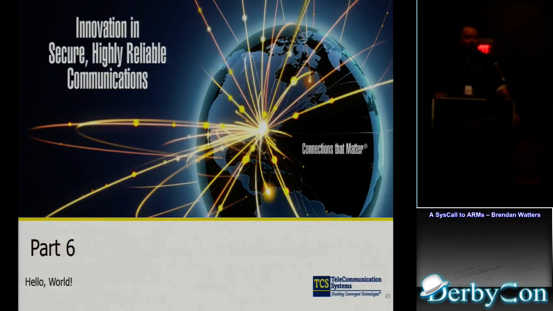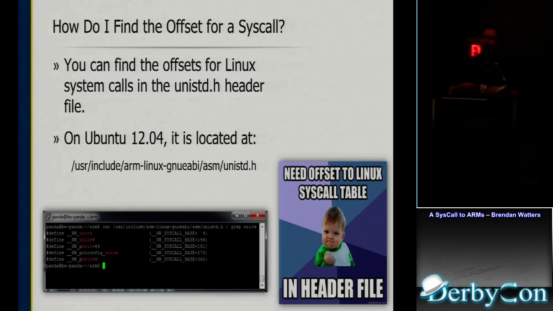Now, let's go ahead and talk about how we might print this out. So, first up, we've been using these mythical codes, and I've been telling you what the offset is. If only there was some great way for me to find out what the offset for a given syscall was. God bless Linux and the fact that they give you the header files that they want, and they actually comment them.